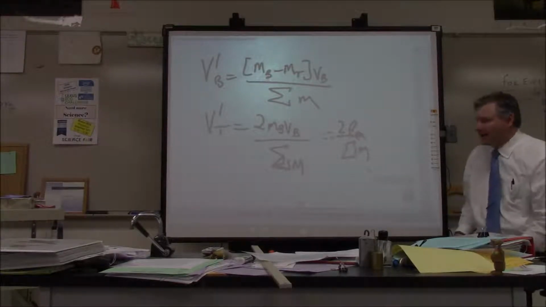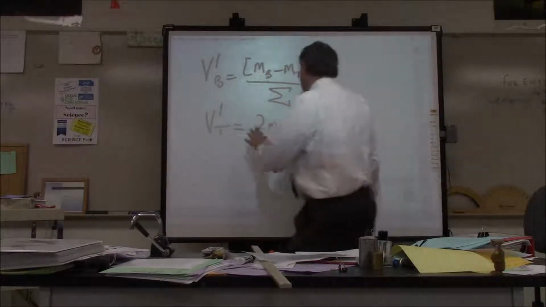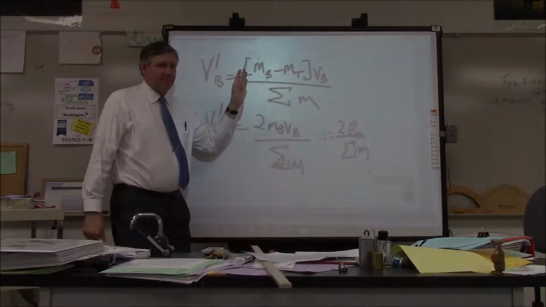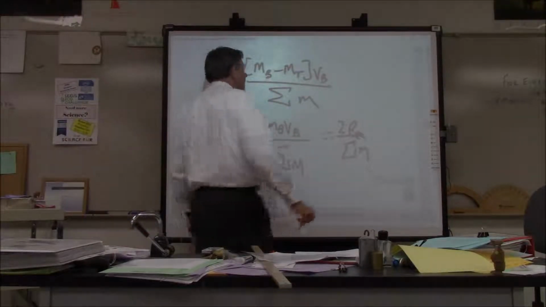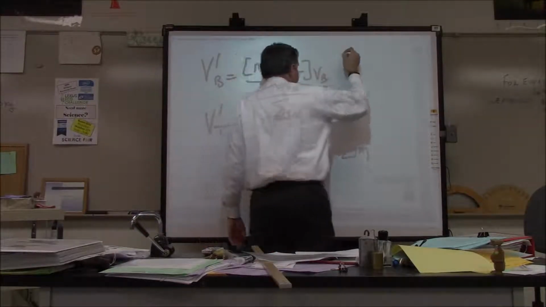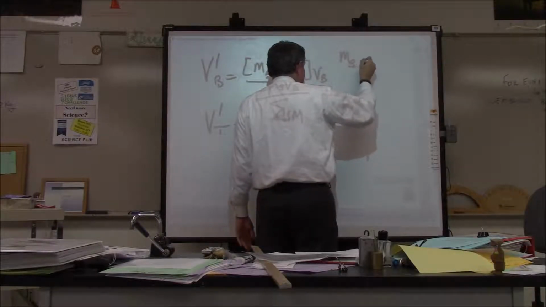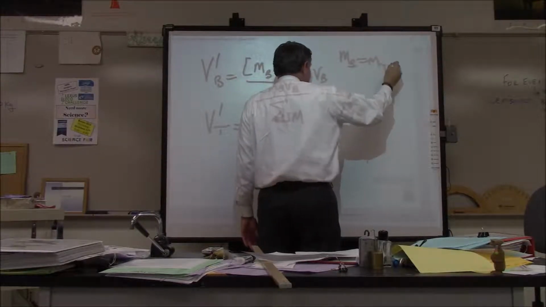Now, we're going to look at 3 different scenarios that happen with the bullet and the target. Scenario number 1 is the mass of the bullet equals the mass of the target.